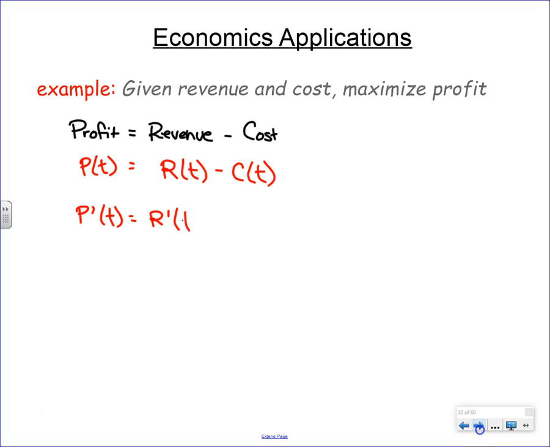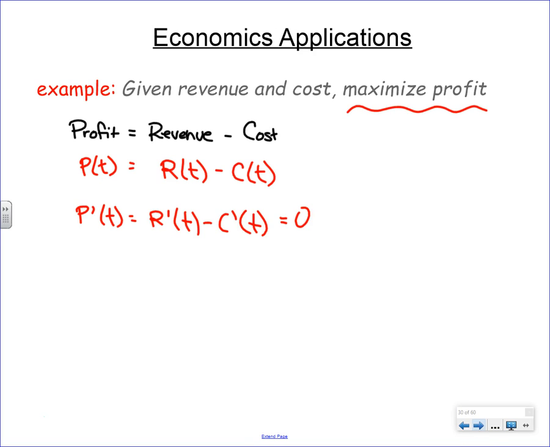By taking R prime minus C prime. So they give us a function for revenue and a function for cost, because usually it's pretty complicated to figure out something other than a small business. Even a small business, there are so many little things to buy, to purchase, that go into your product. But still, critical number, I said equal to 0, right?